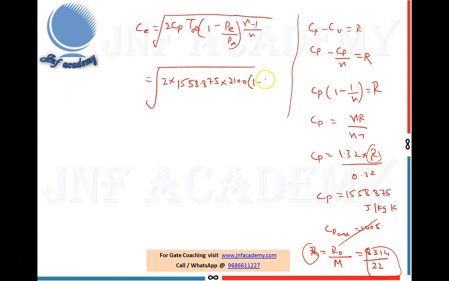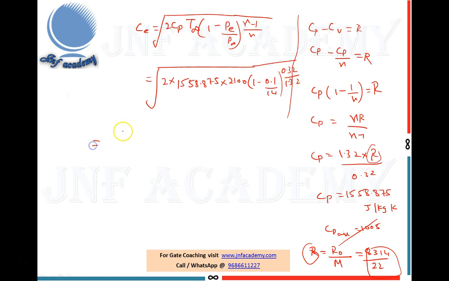P is the ambient pressure, ideally expanded, so it is 0.1, and P infinity is given to be 14. I think both of them are in megapascal, so the 10 to the power 6 cancels. The whole power is gamma minus 1 by gamma, which is nothing but 0.32 divided by 1.32.